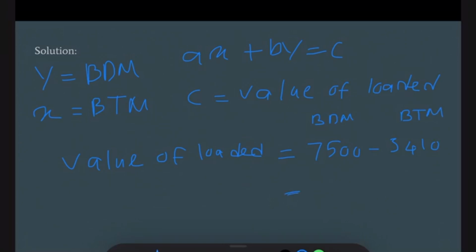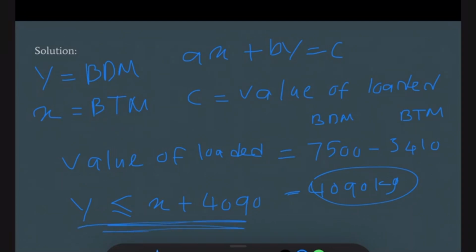The value that we got is 4,090 kilograms. This is the value of the load. The last thing we need to do is make a linear inequality for the relationship between these two variables. So how do we do it? y is less than or equal to x plus the value of the load, 4,090 kilograms. So this is the answer, the relationship between these.